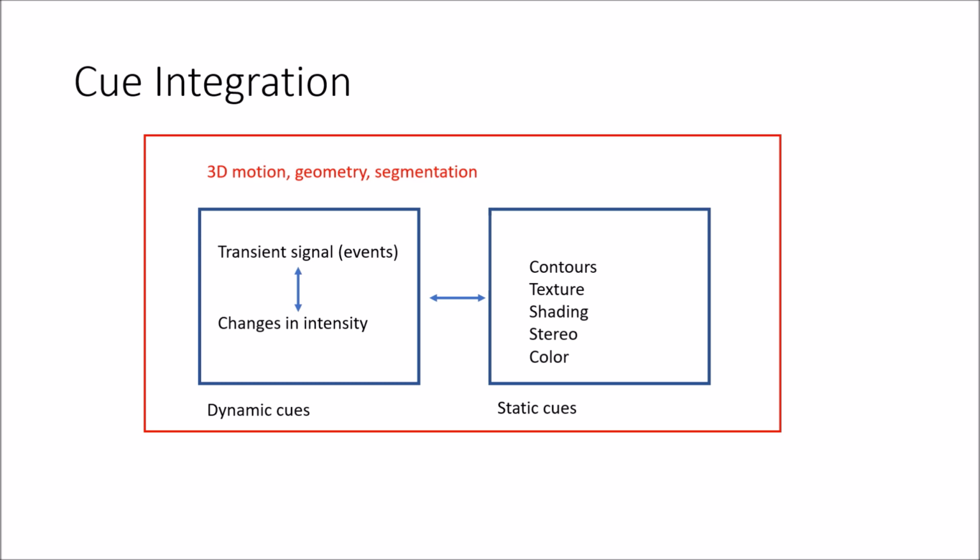There's also the issue of cue integration. 3D motion, geometry, segmentation are computed from dynamic cues and static cues. These dynamic cues are coming from changes in intensity and the event signal, the transient signal we are interested in. We would like to isolate these dynamic cues and understand their roles. At some level, they do interact with the static cues. These are contours, texture, shading, stereo, color, cues that you can compute from single images.